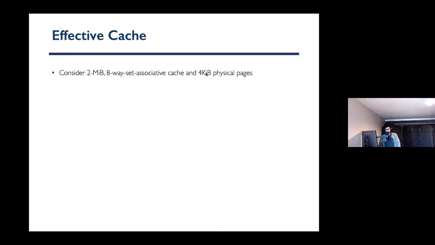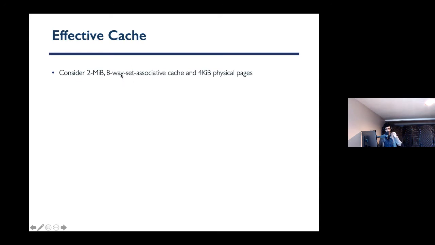Before moving on, by knowing the size of your cache and the set associativity of your cache, you can identify how many sets you have, right? So you have 2 megabytes of data in your cache.